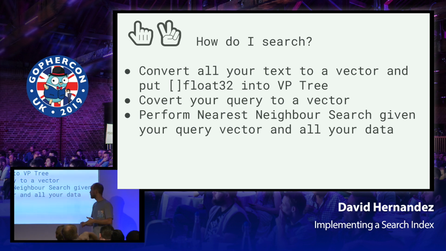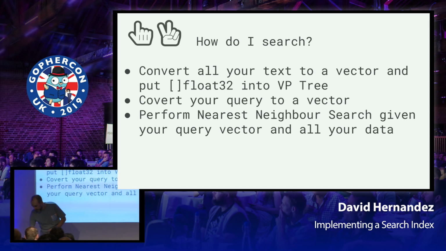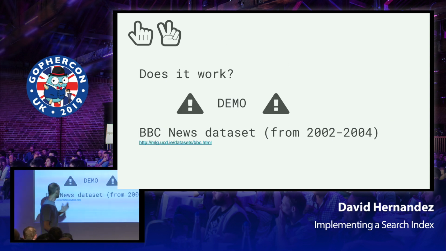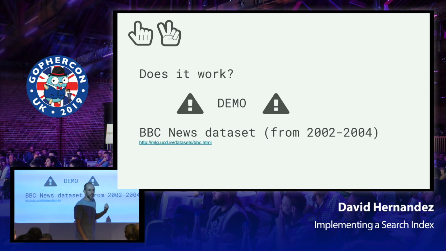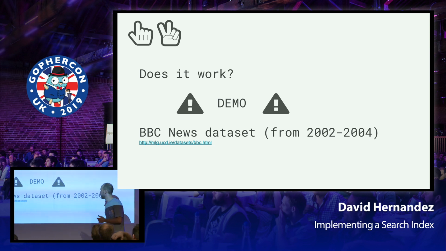Now I want to search, so I convert my query also to a vector, and I perform the nearest neighbor search given your query vector and all my data. And that's my results. As simple as that. It wasn't too difficult, was it? Cool. But is that really working? Is it just as simple as that?